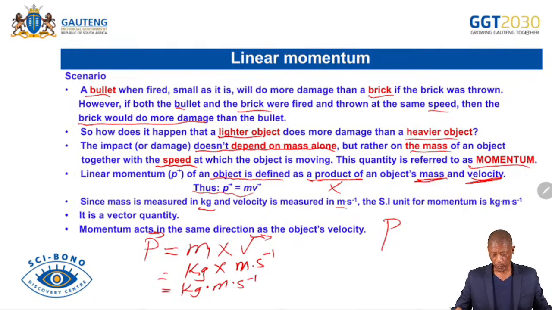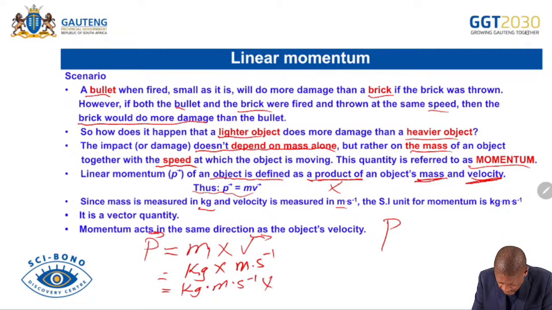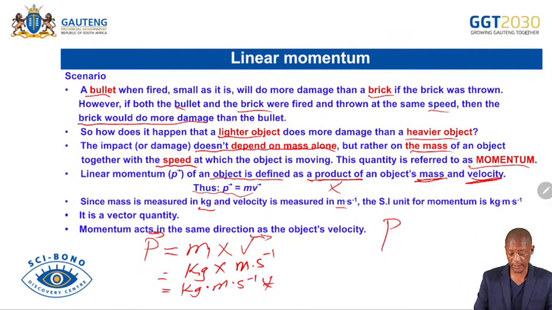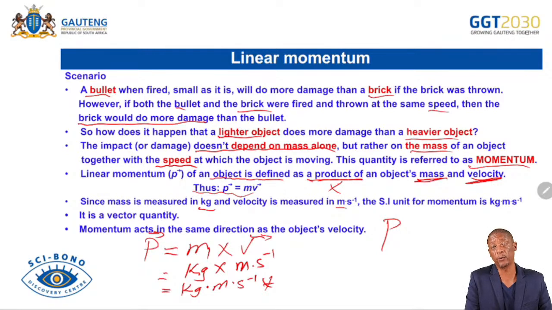So in other words, we'll be using this SI unit at the end when we find the answer or the magnitude. Remember, if you don't write the SI unit, you will be penalized. So it's very imperative, learners, that you write the SI unit at the end of your calculations, and you know very well what the calculations are. So you don't have to cram it.